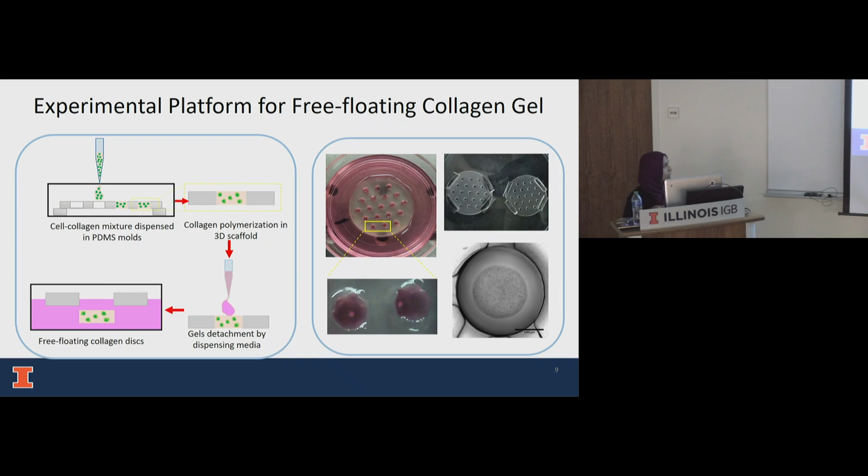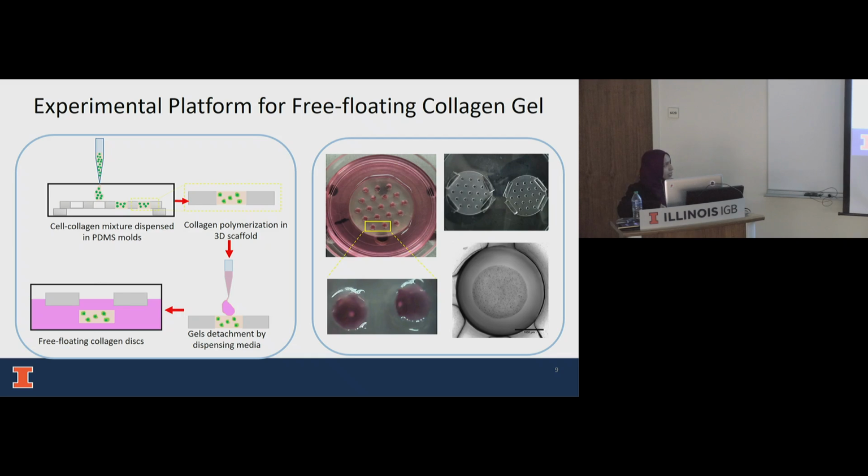On the right, I have the actual picture of the experimental platform. These are the PDMS molds that we use for making the films. And this is a PDMS well where we can dispense each disc. There are 19 wells, and we can do time-lapse imaging of 19 samples at the same time with this platform. And this is a bright field image of the disk.